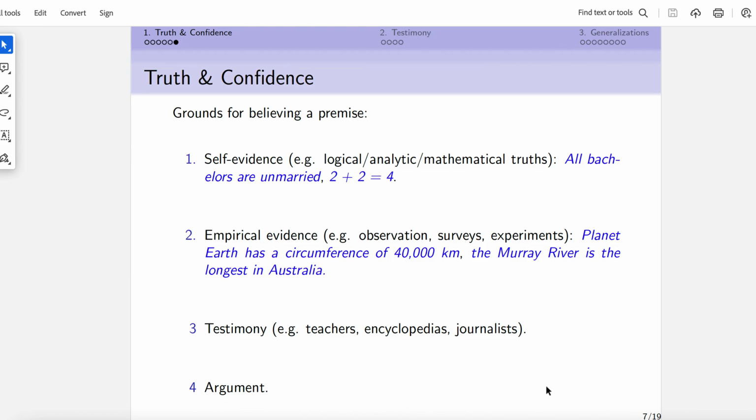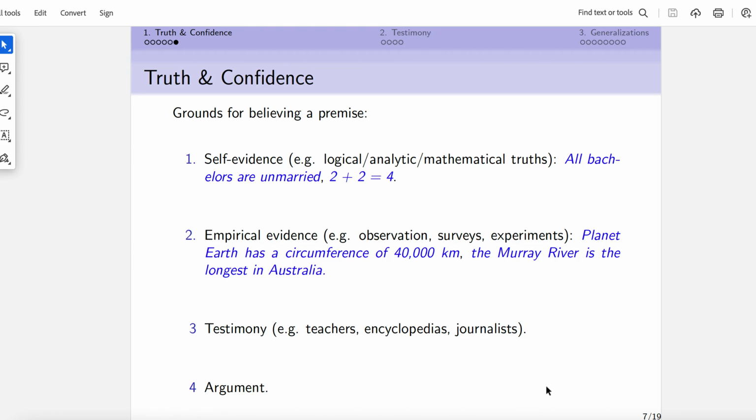And so one ground might be just that the premise is self-evident. So this is presumably only going to apply to a select few sorts of premise that we might come across.